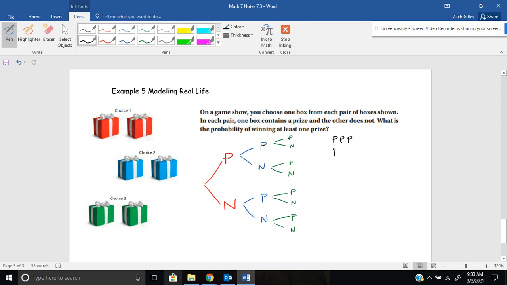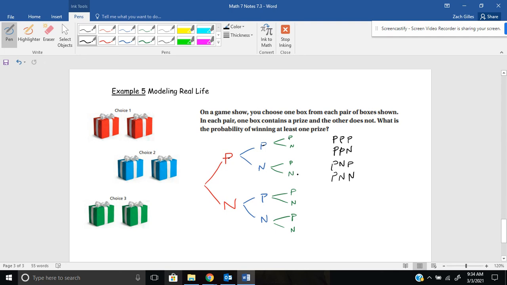Or I could choose a prize on my first one, a prize on my second one, and no prize on my third choice. You can see the pattern here. So I could choose a prize, not a prize, and a prize. Or a prize, not a prize, and not a prize. I'm going to keep going with this.